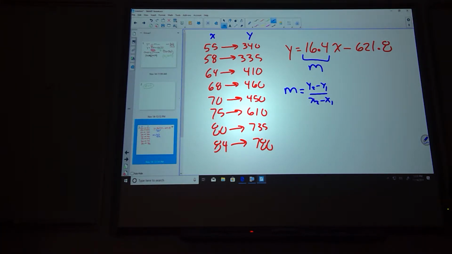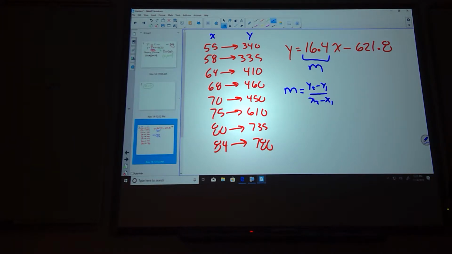Okay, so let's talk about the slope in the context of this problem. What was the slope? 16.4. So that's 16.4 over 1. So what's the y value? That's the top. What do we have? Look at your paper. So temperature or cans of soda?